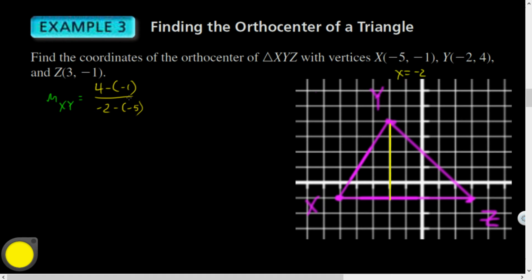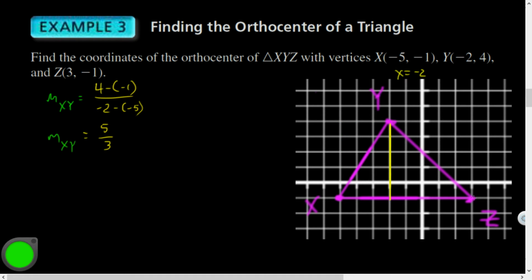Change in y over the change in x. So 4 minus -1 is 5, and -2 plus 5 is 3. That's the same slope you were saying a moment ago. Up 5 and over 3 does confirm.